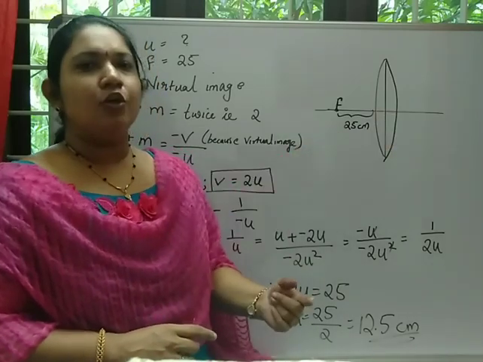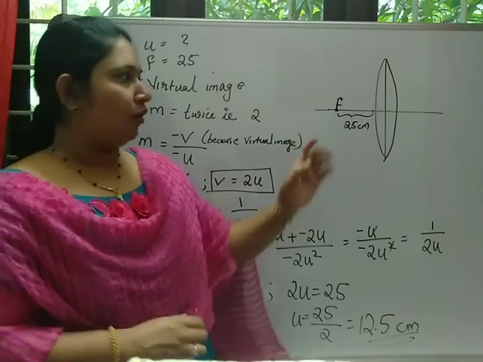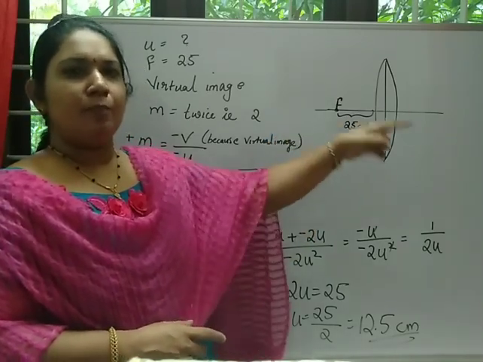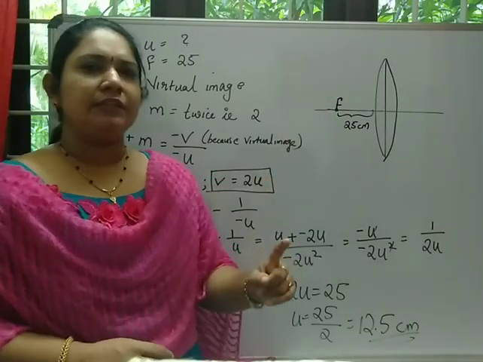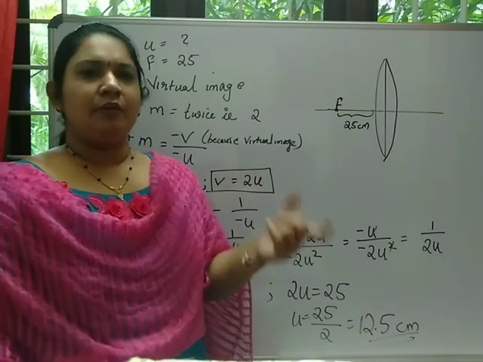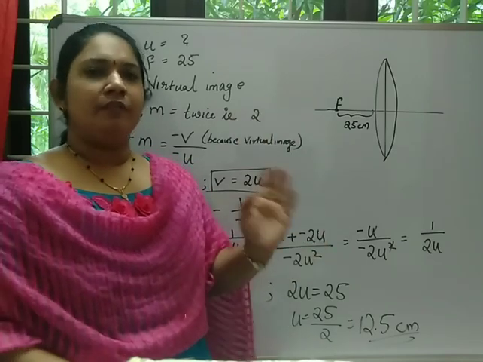Behind the lens, positive. And keep in mind, virtual images will always form in front of the lens. Real images will be on the opposite side, behind the lens. And for a convex lens, we have only one option for a virtual image: when the object is between f and the optical center, we will get the virtual image. And for a concave lens, only virtual images.